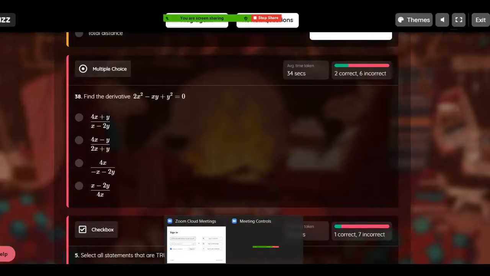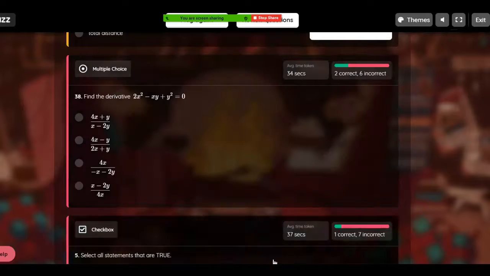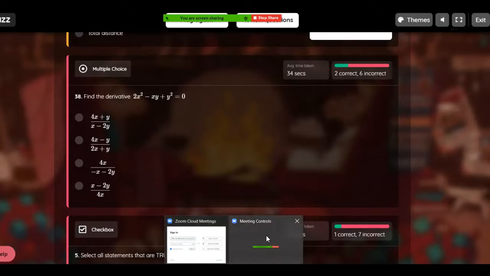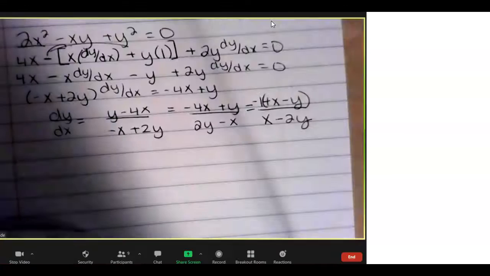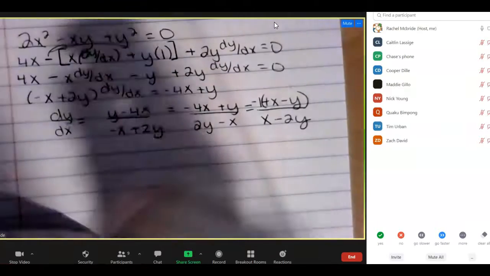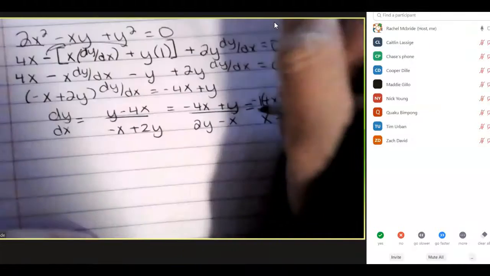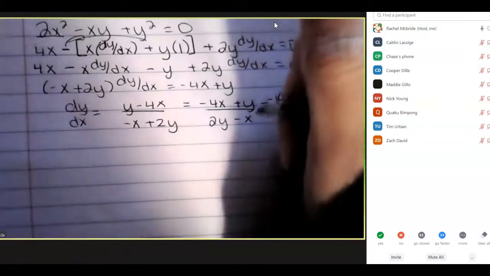Okay, so I don't know if you can still see my screen. There we go. So again, you can manipulate this in a bunch of ways. We have this variation.